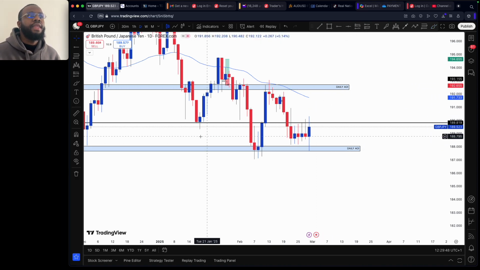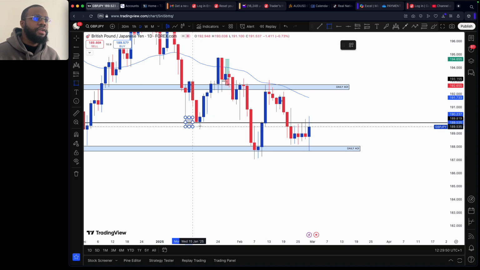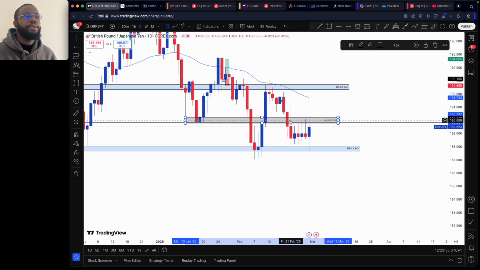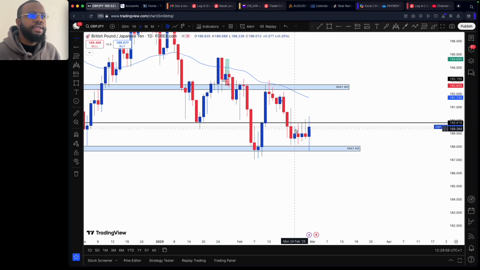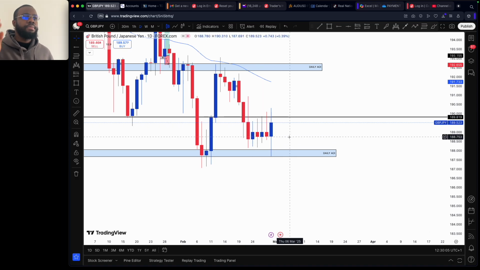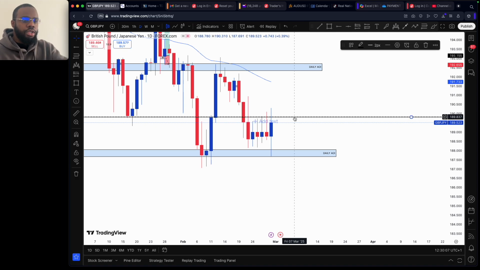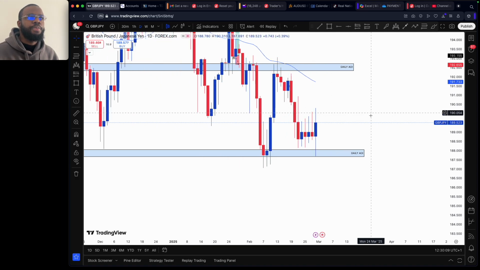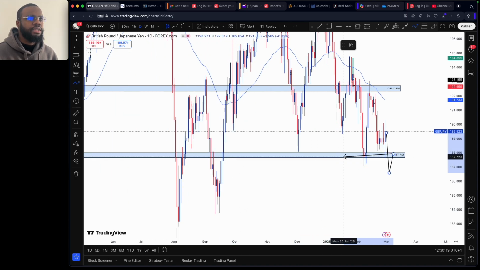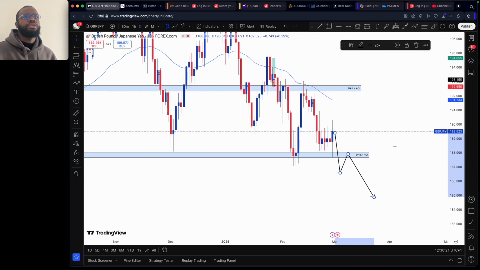This is supposed to be the area of interest that price was supposed to use to push to the downside. But as you can see, we had a first retest, second, third, fourth, and we are still in the same space. So in order to play safe on GBP JPY, I want to see it break out, then retest these new lows, retest this structure point, then we continue to sell.